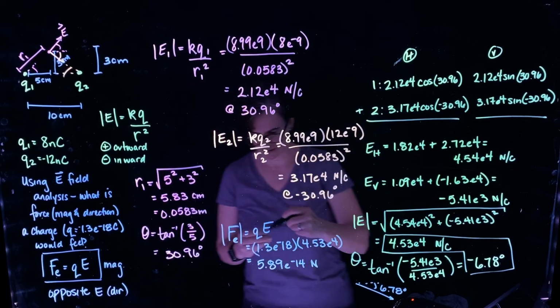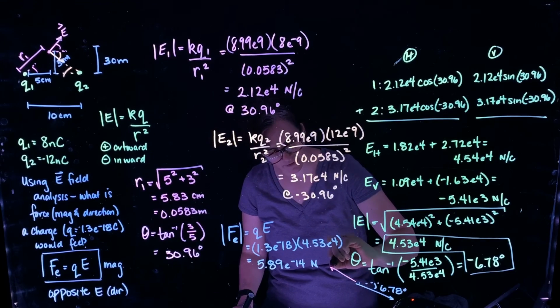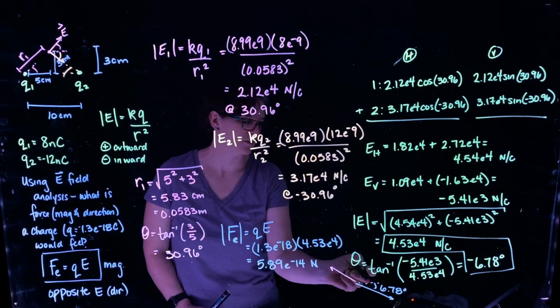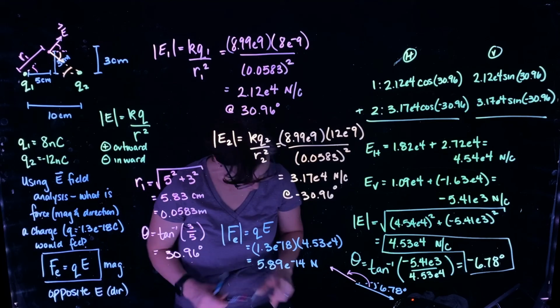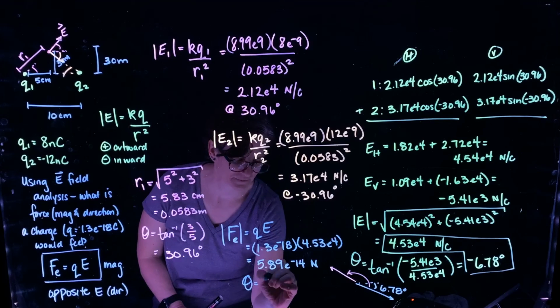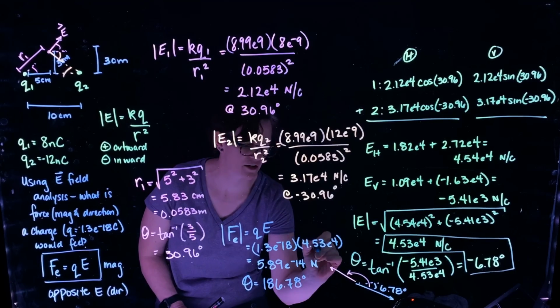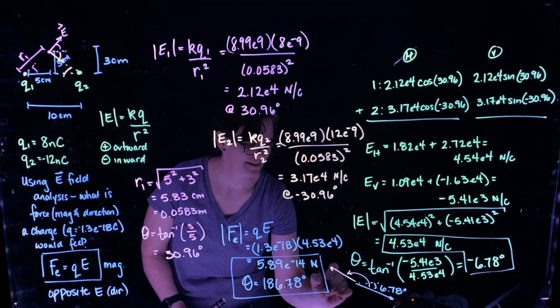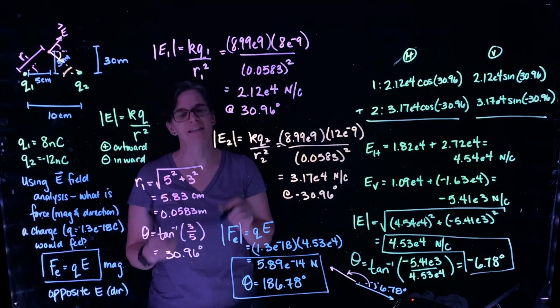Opposite of that would be in this direction. So to that angle, we add 180 degrees. So 186.78 is our direction of the force that negative charge will feel as a result of that electric field.